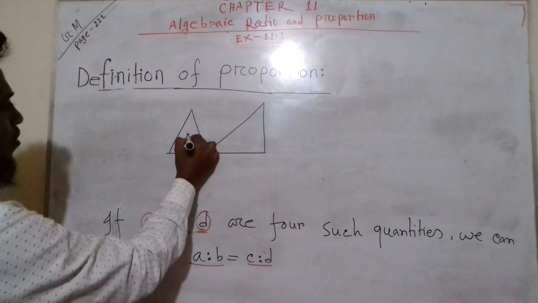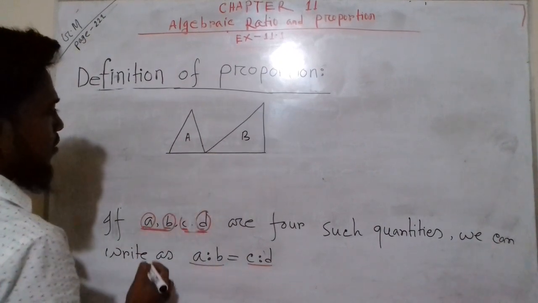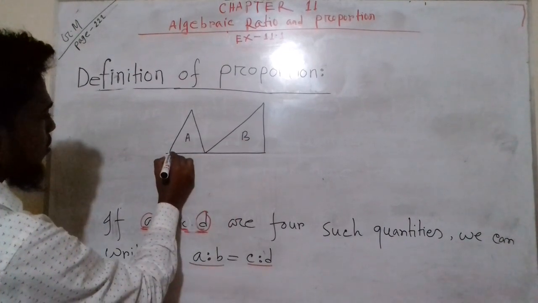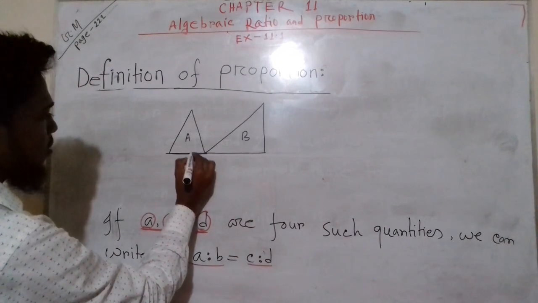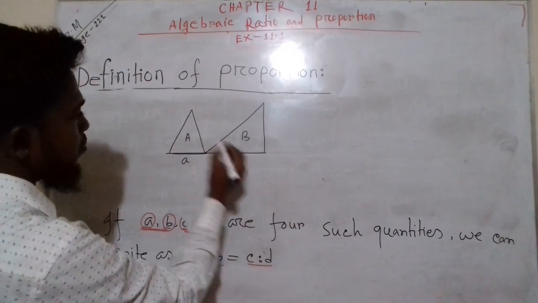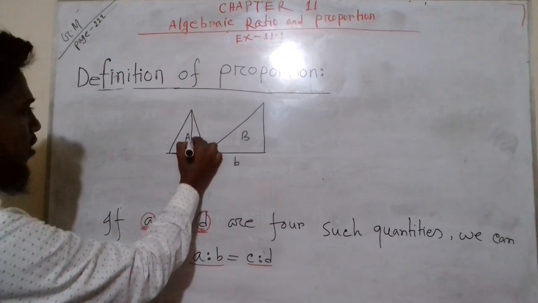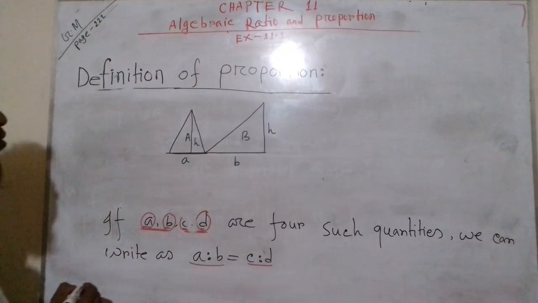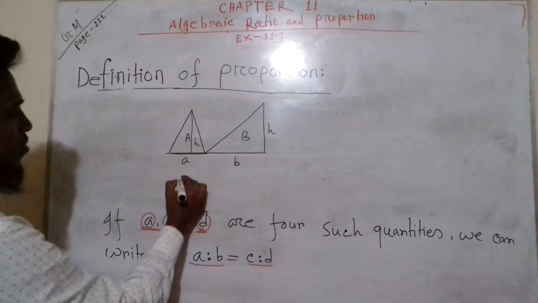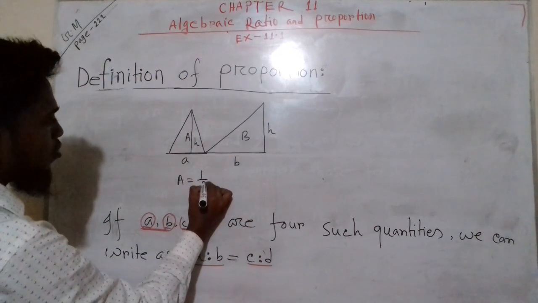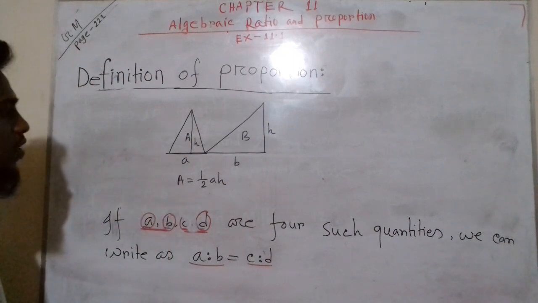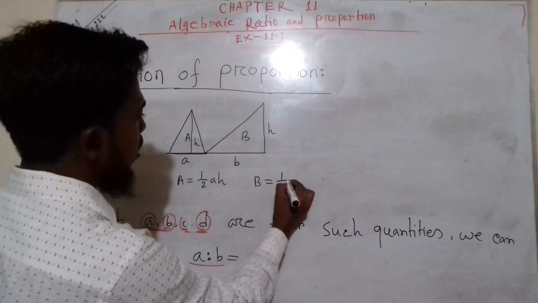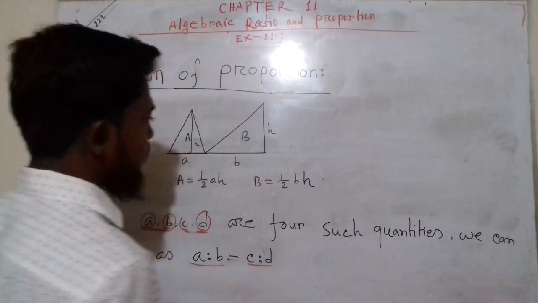This triangle's area is A, this triangle's area is B. This triangle's base is a, this triangle's base is b, and this triangle's height is H, this triangle's height is H. So the area of this triangle is A equal to half of aH, and the area of this triangle is B equal to half of bH.